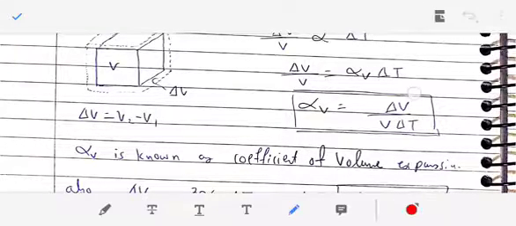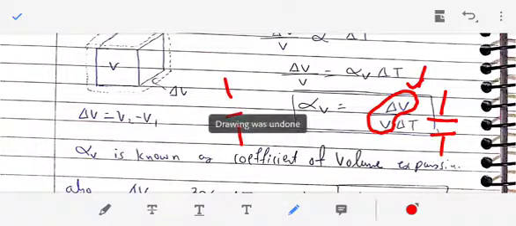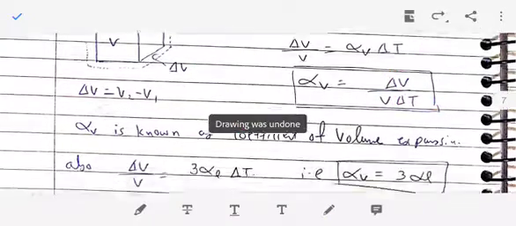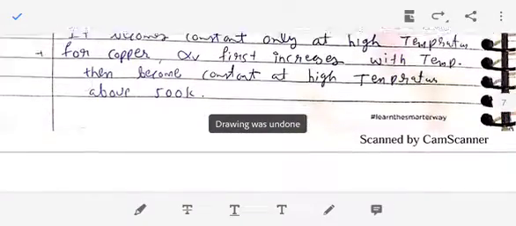Delta V upon V is the change in volume upon original volume, so no dimension will be here for the volume. So what is the value remaining? 1 by T, that is 1 upon Kelvin or per Kelvin. It is the unit of the coefficient of volume expansion, linear expansion and area expansion, all three.